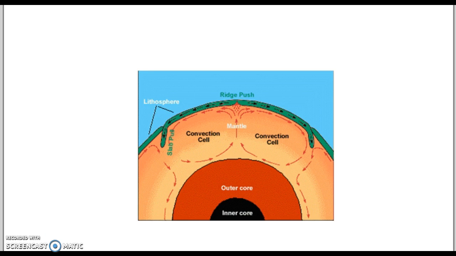Now, aside from convection currents, let's take a look at two other forces at work here and helping to make our plates move. The next one is called ridge push, and you can see that label up at the top here. Ridge push is a really important force to know about. I want you to think about the mid-ocean ridge being a little bit higher.